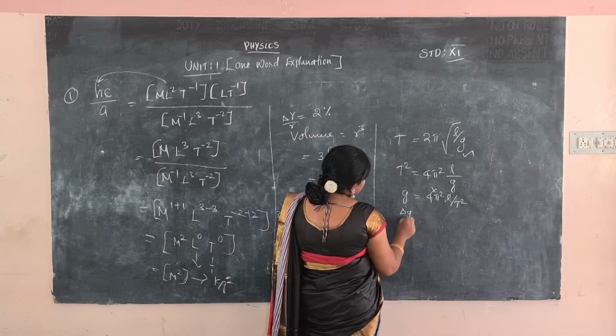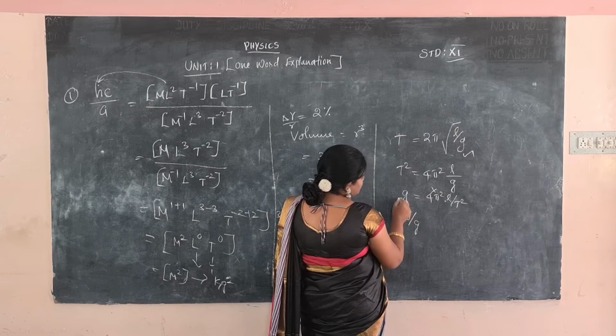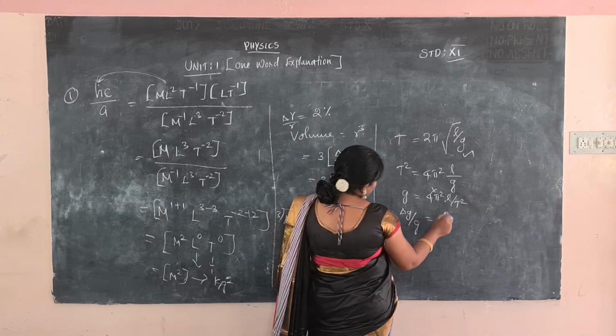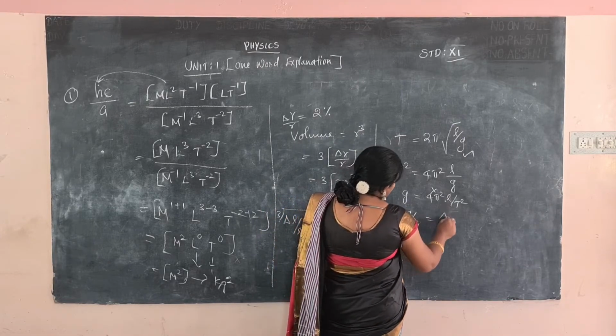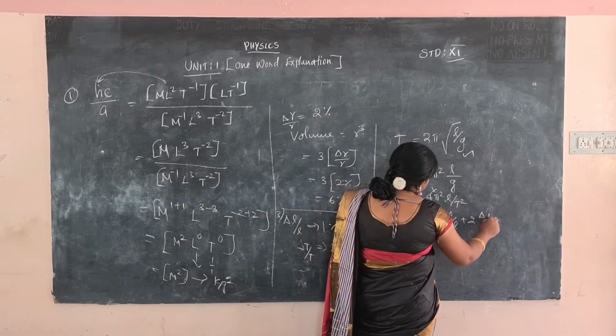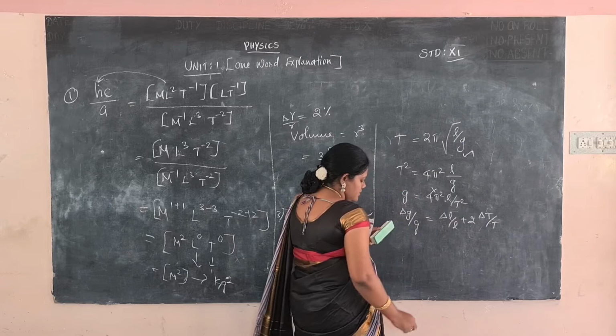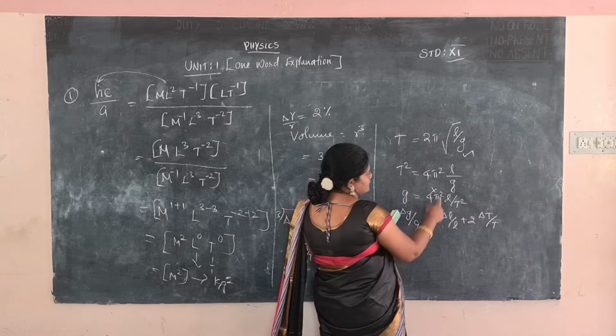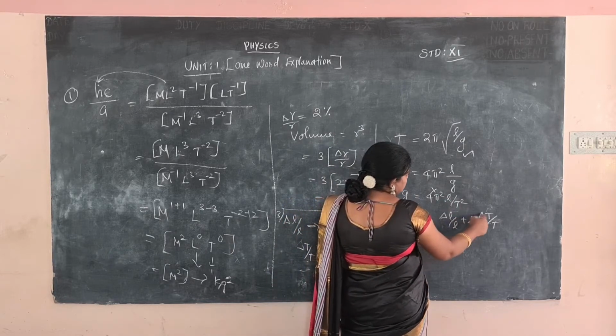We want the error in acceleration due to gravity, so del G by G is equal to del L by L plus 2 into del T by T.